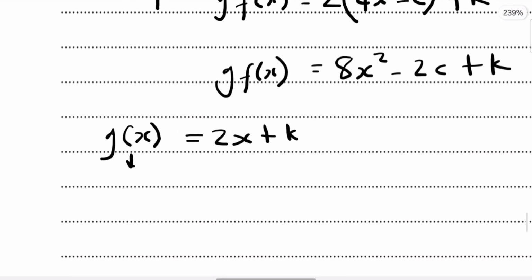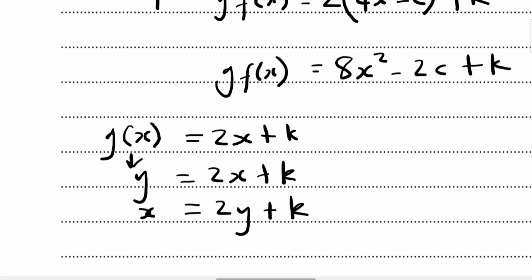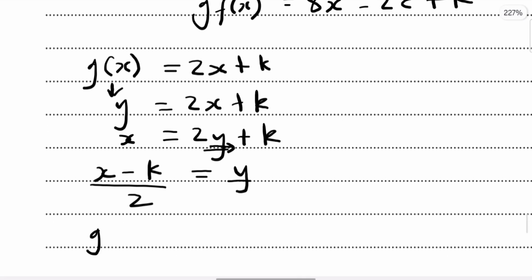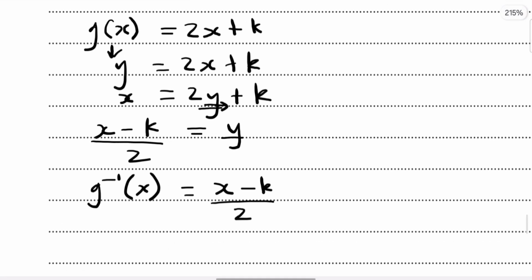So if we write this as our y, it will be equal to 2x plus k, right? Then we swap the x and y around. So this will be our x, this will be our y, and this will be our k. And we make this y the subject of formula. So x minus k over 2 will be equal to our y, and this will be the inverse, right? It's equal to x minus k over 2, like this, right?